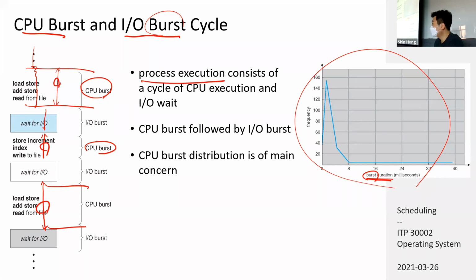Then here will be the CPU burst length, and this is the frequency. This profile shows, I do not know about this program, but this program has a kind of logic that frequently holds the CPU for about 3 milliseconds, I guess.